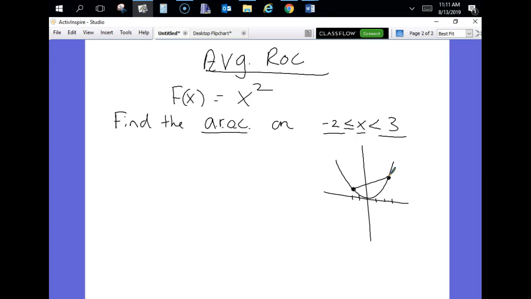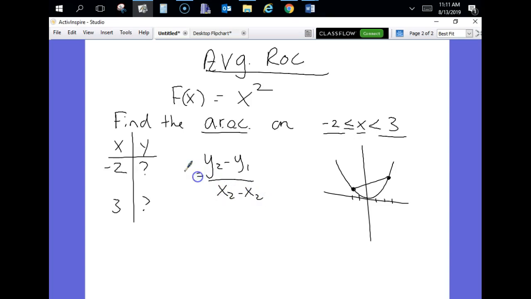So what we need to do is take the x values they've given us, from -2 to 3, find the y values that go with them, and once we know what those are, we can calculate the slope of our secant line with our good old trusty slope formula. And that's it.